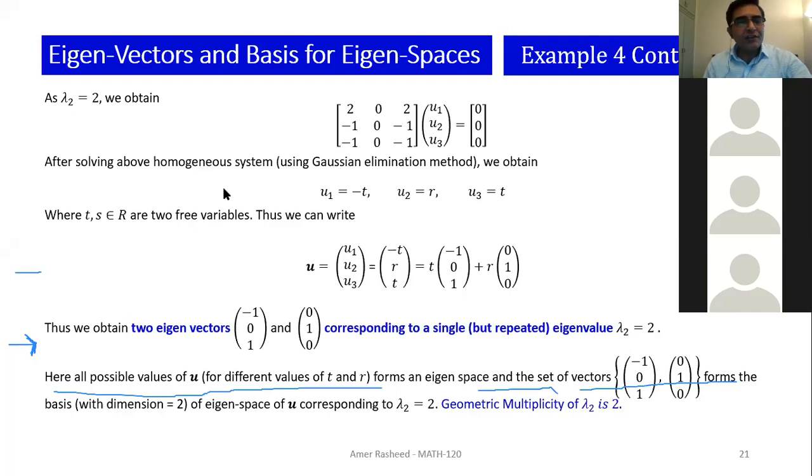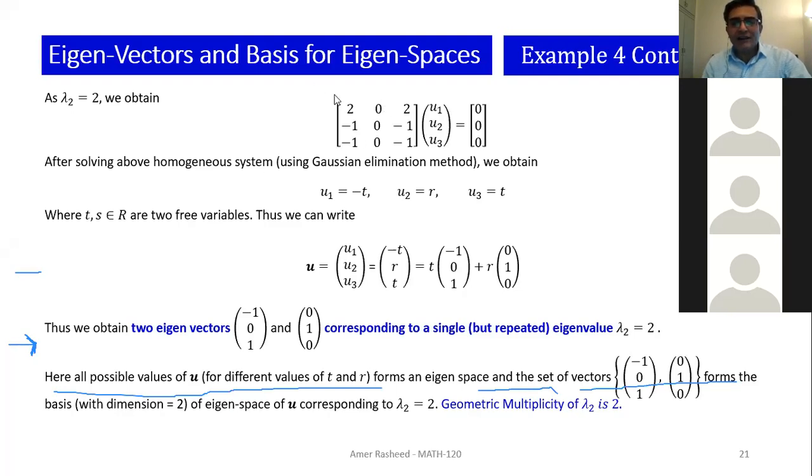Yes, the question is, we can only find all these non-zero lambdas, non-zero vectors, only if the system is inconsistent, not consistent. Inconsistent means the system has infinitely many solutions. In that case, we can find non-zero eigenvalues and non-zero eigenvectors.